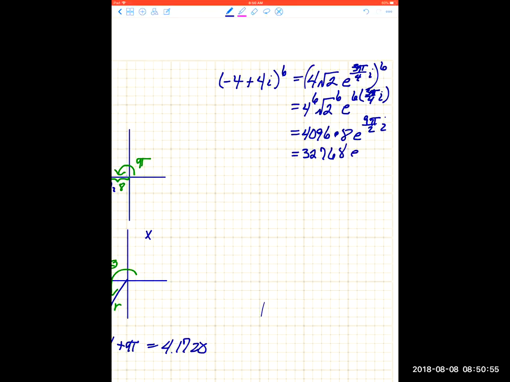Times e to the 9 pi over 2i. Now remembering that that is an re to the i theta, I want to go back to a plus bi form. So we know that r is 32,768. Theta is 9 pi over 2.